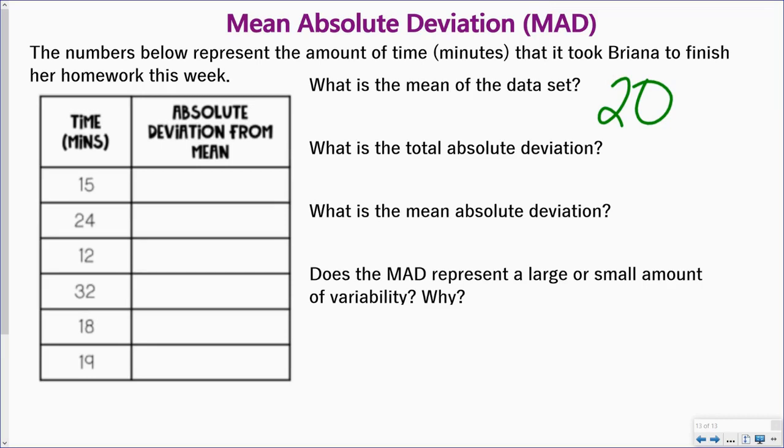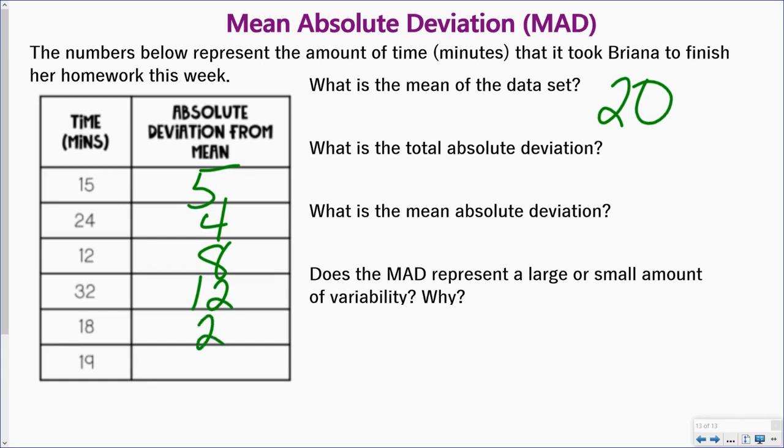When I look here, 20 and 15, that's a difference of 5. 20 and 24, that's a difference of 4. 20 and 12, that's a difference of 8. 20 and 32 is a difference of 12. 20 and 18, that is a difference of 2.